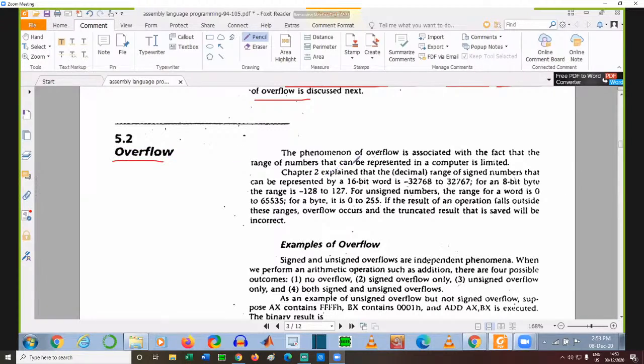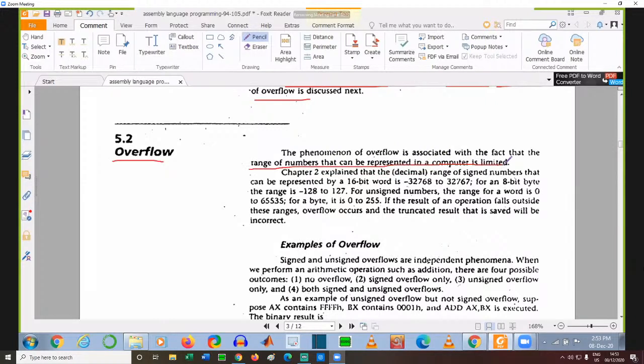It says that the phenomenon of overflow is associated with the fact that the range of numbers that can be represented in a computer is limited. A computer has limitations, unlike the human brain. Your brain has more memory than all the computers combined in this universe, but a computer has lots of limitations.